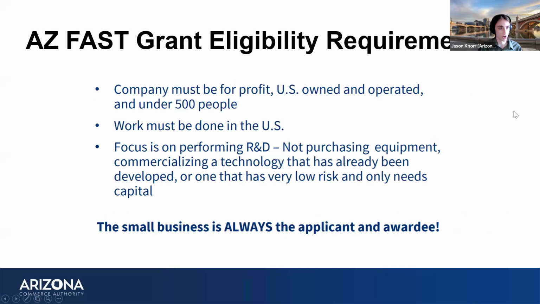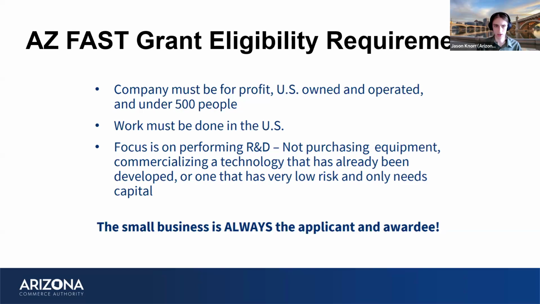So what is the AZ FAST grant and how am I eligible for it? The AZ FAST grant supplies $3,000 towards supporting an SBIR and STTR grant application. You must use that for performing R&D or preparing a grant application to an SBIR program.